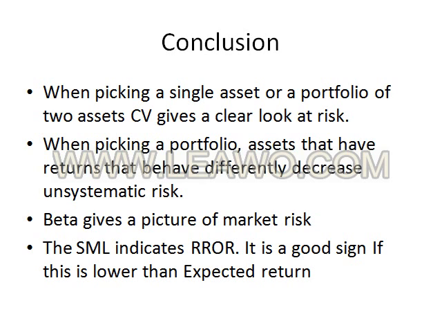In conclusion, when picking a single asset or a portfolio of two assets, the coefficient of variation is the best way to measure risk. When picking a portfolio of assets, the returns that behave differently will ultimately lower unsystematic risk.